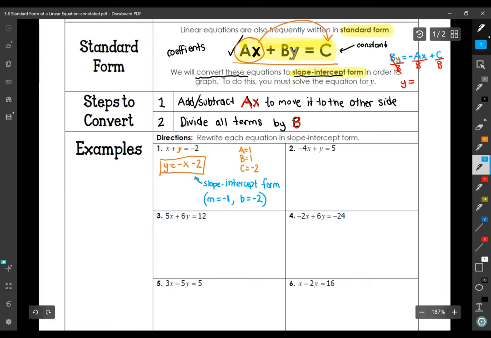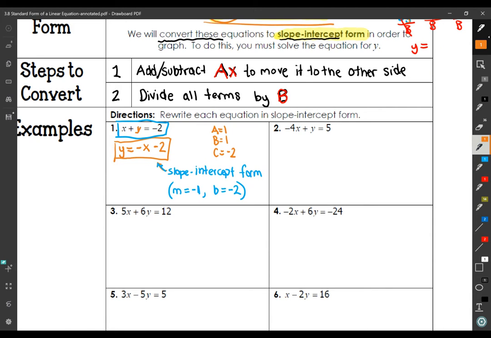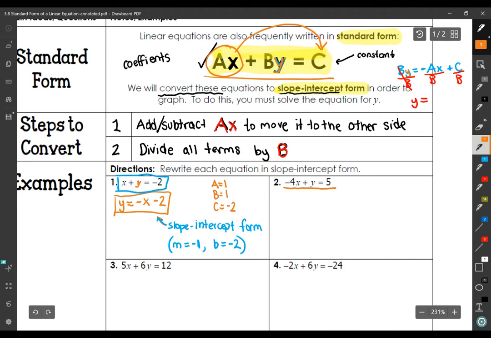And we got that by just rearranging the standard form of the equation. So, I mean, that was a pretty easy one. Let's try example 2. So again, we want to rearrange the standard form, where we have ax plus by is equal to c.